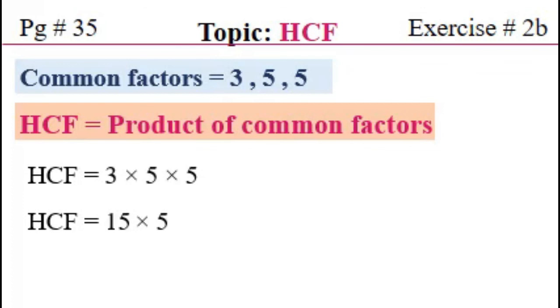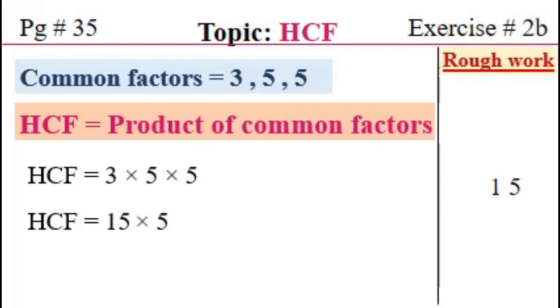But if you just forget the table of 15, no worries. We can simply multiply these two numbers by drawing a rough column. So 15 times 5 is, let's multiply it. 5 times 5 is 25.